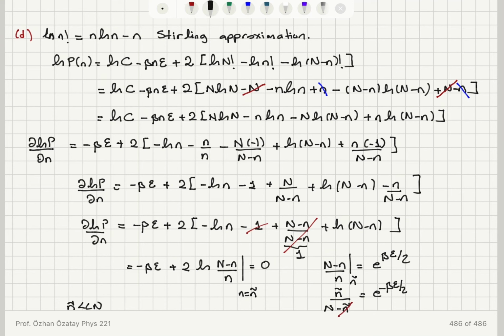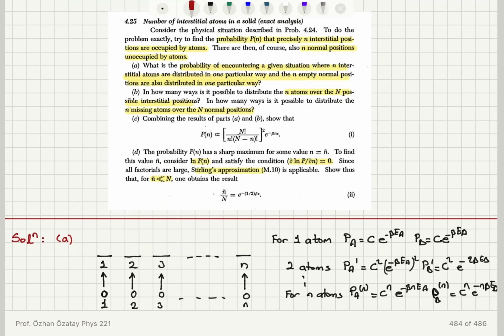So this is going to give me n tilde divided by capital N is approximately e to the minus beta epsilon over 2, which is indeed the answer that is suggested in the problem statement expression I.